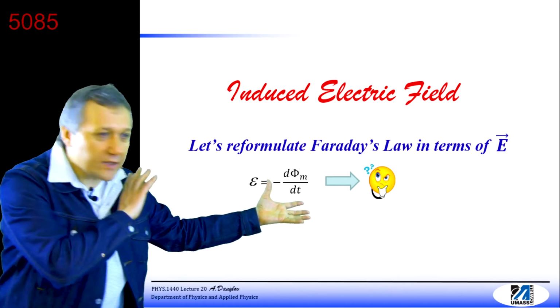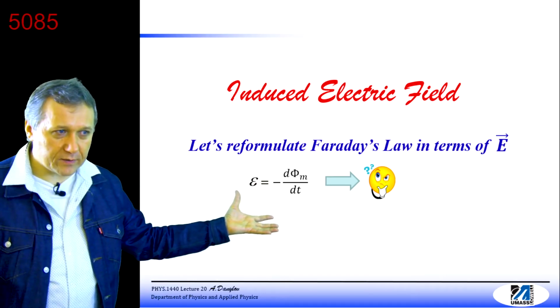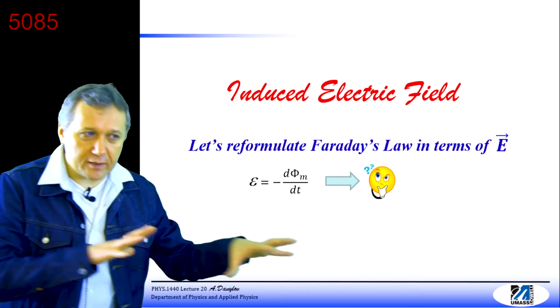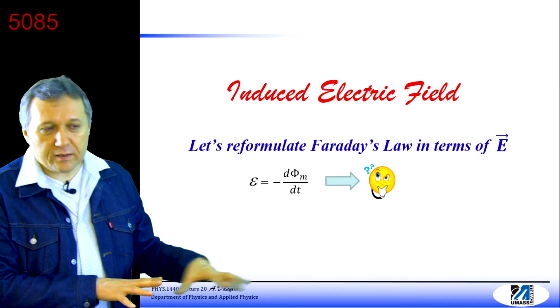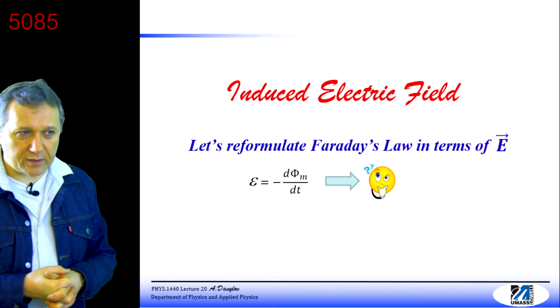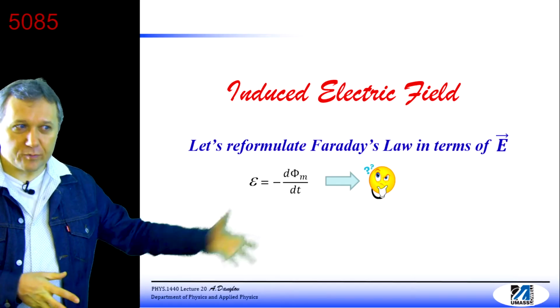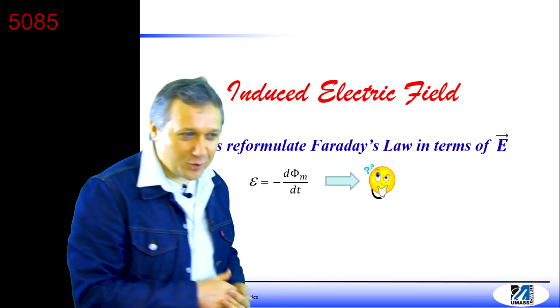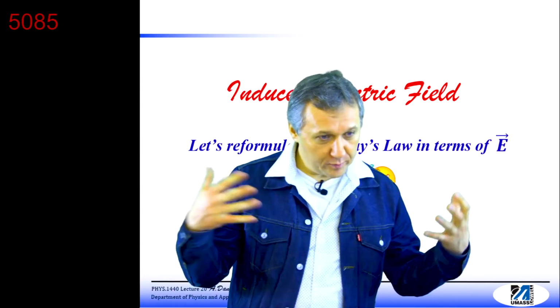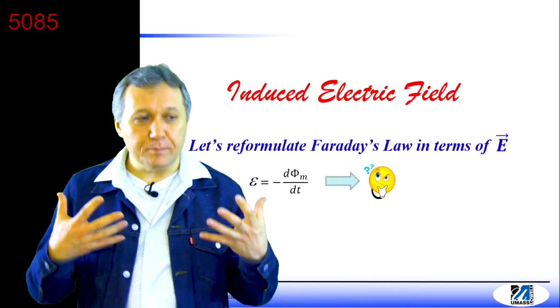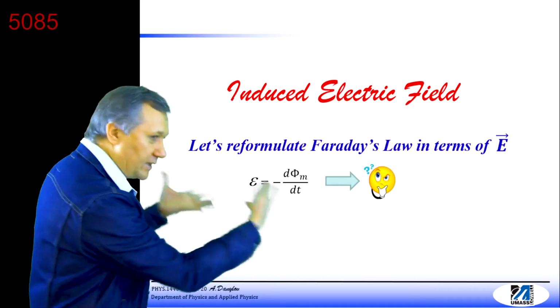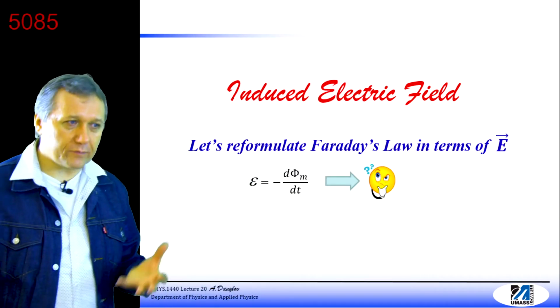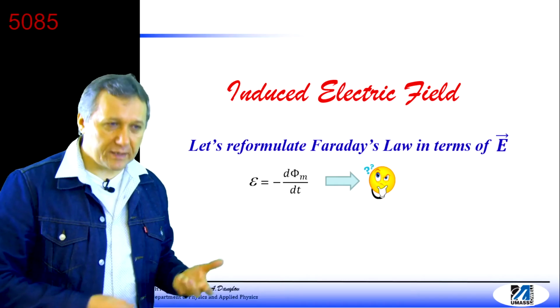Again, EMF, the potential difference, is nothing wrong, but it's a very practical quantity and isn't considered a fundamental quantity. From the point of view of applications, EMF is much more useful than electric field. But from the point of view of physics, it's better to write this fundamental law in terms of electric field and magnetic field.